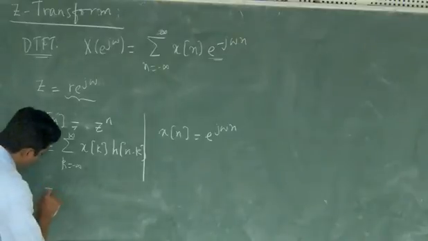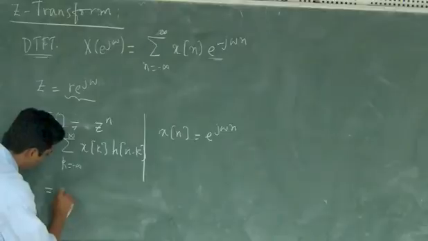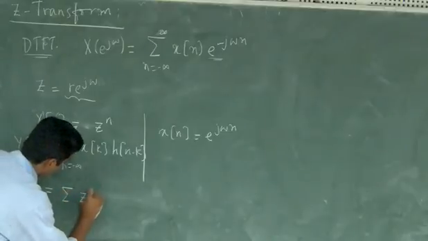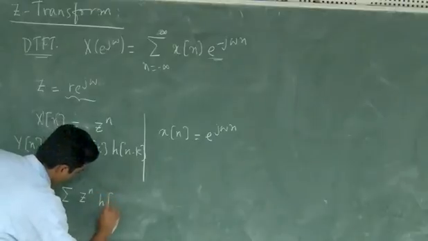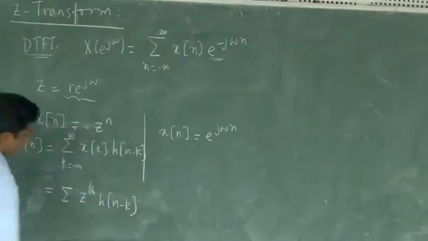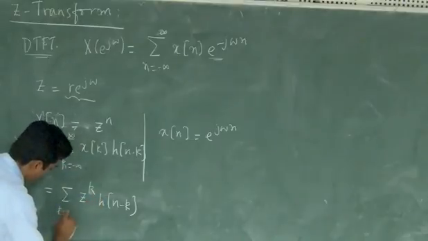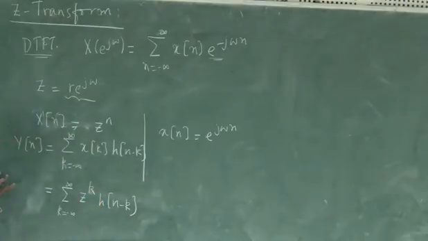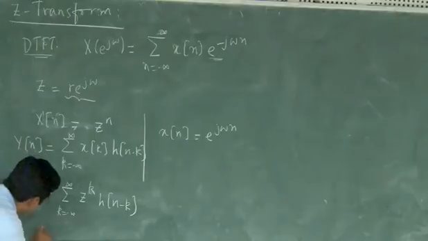So now y of n is equal to what? Right? And so what do I do now?